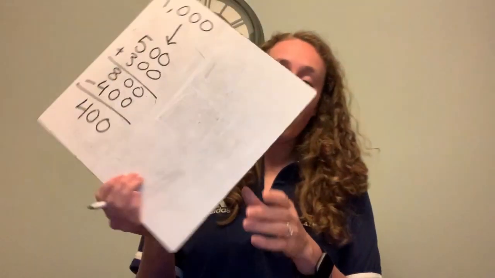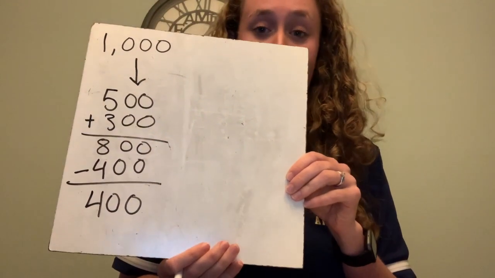If we don't know that, maybe we look at half of 80. Maybe we look at half of 8. What plus what is 8? 4 plus 4 is 8. So half of 800 must be 400. They use 400 milliliters of sauce. We have 400 milliliters left.